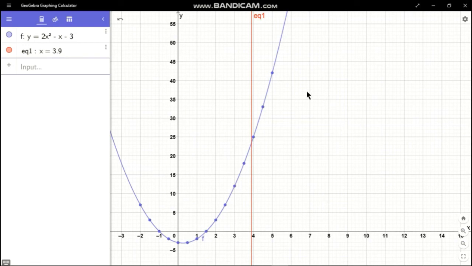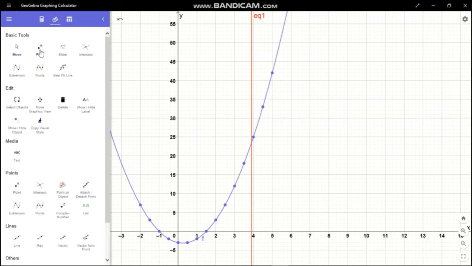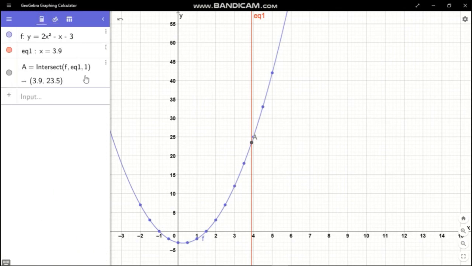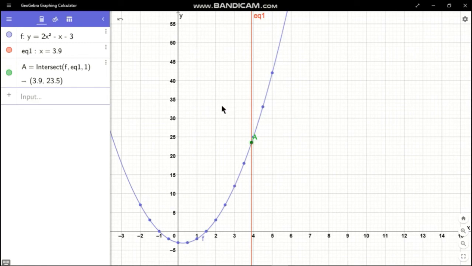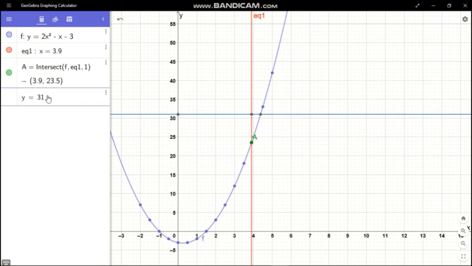Okay, now we can see the red line, and then we go to tools, points, and then we select the points there, and then go again to settings, color, and then blue. So the blue point is our point, so there we can get 3.9, 23.5. So y is 23.5 when x is 3.9.